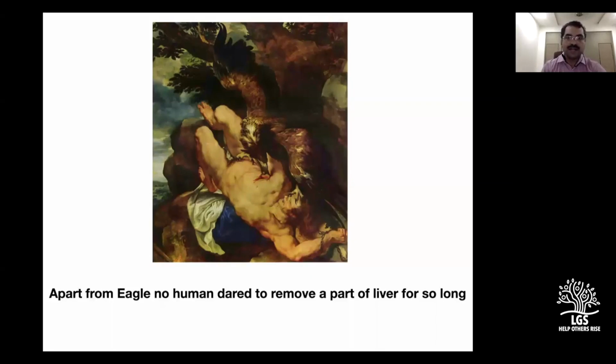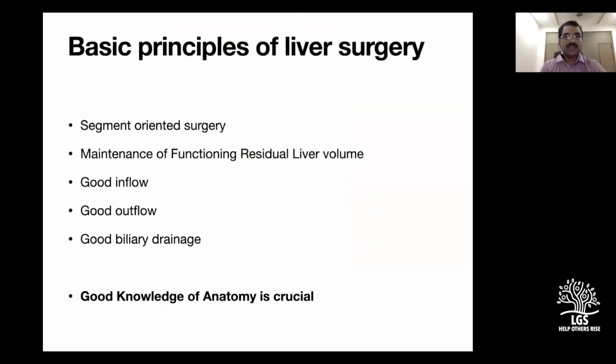So this eagle is allowed to eat the liver of Prometheus, and it eats part of the liver, and the very next day it regenerated and Prometheus did not die of this. This was the basis of liver surgery, and apart from the eagle, no human dared to remove a part of liver for so long, with the fear of bleeding and mortality.